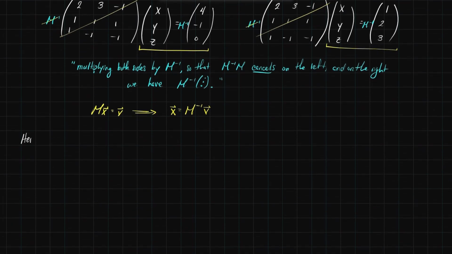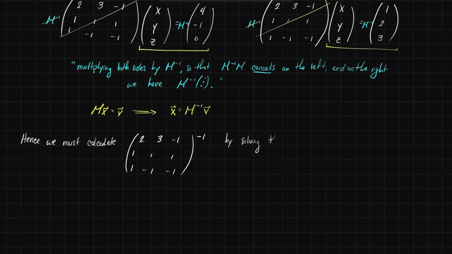So hence, we must calculate the inverse of 2, 3, negative 1, 1, 1, 1, 1, negative 1, negative 1, by solving the system.